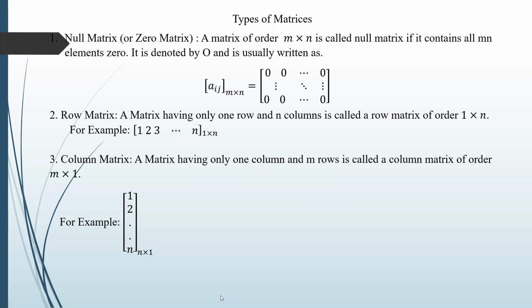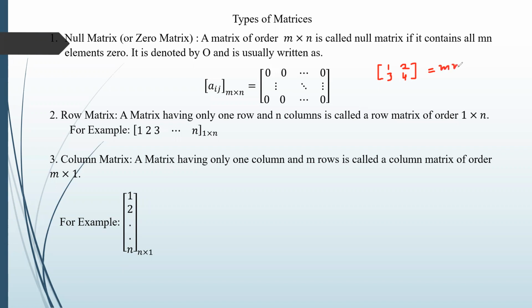Suppose we have a matrix like 1, 2, 3 and 4, and if I ask you how many elements are in that matrix, you can easily find it by mn.